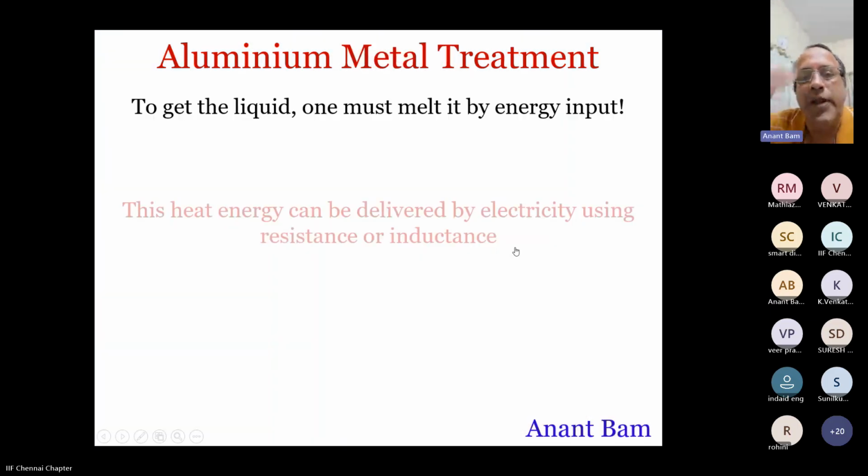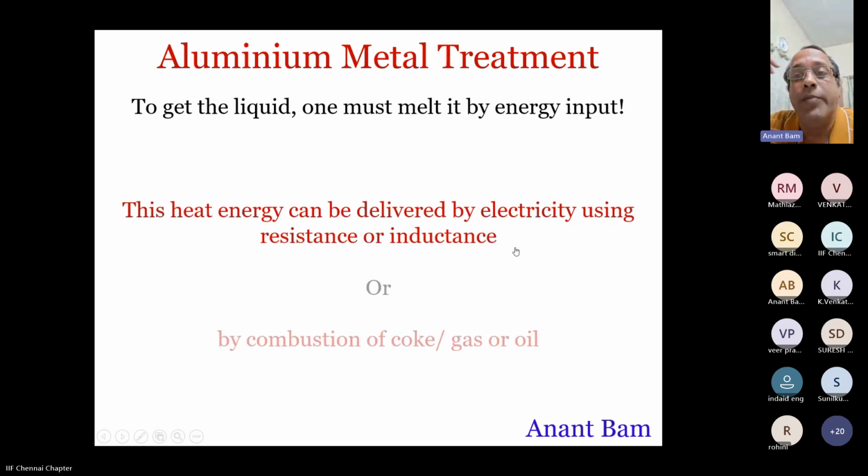So all these slides meant that whatever may be the process of casting, let it be sand casting, gravity die casting, LPDC, HPDC, the common factor is liquid aluminium. And we are in the field of engineering casting, so naturally that liquid has to be in perfect condition.